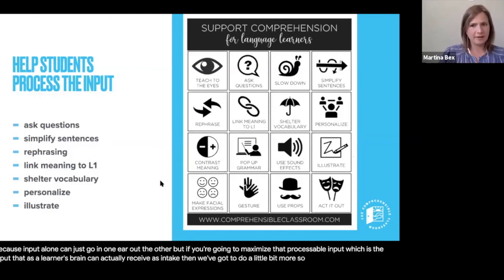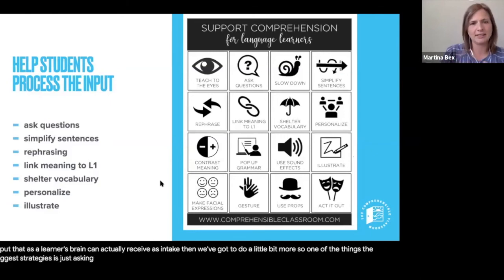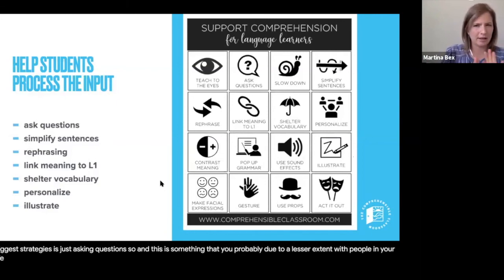So one of the biggest strategies is just asking questions. This is something that you probably do to a lesser extent with people in your life. I know I do it with my kids to figure out whether they are really understanding the message that I want them to understand. So I'll make a statement and then I'll ask a clarifying question.